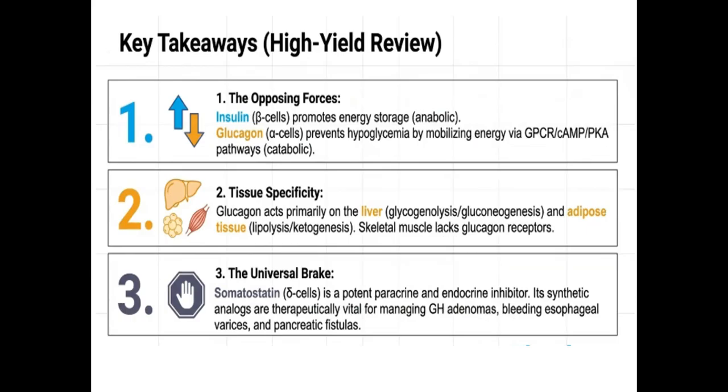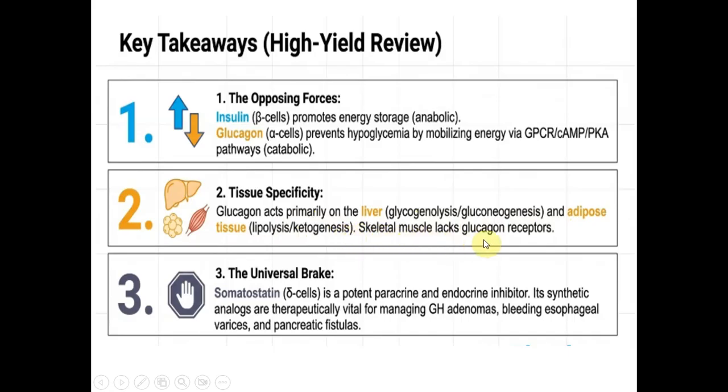These are the key takeaways, the high-yield reviews. Insulin promotes energy storage, that is, anabolic action, and glucagon prevents hypoglycemia by mobilizing energy via GPCR, cyclic AMP, PKA pathways. Regarding tissue specificity, glucagon acts primarily on the liver, with glycogenolysis and gluconeogenesis, and adipose tissue exhibits lipolysis and ketogenesis.